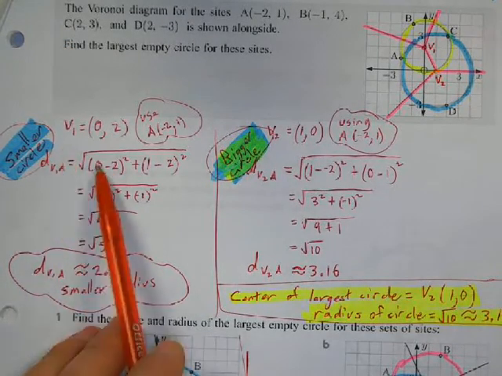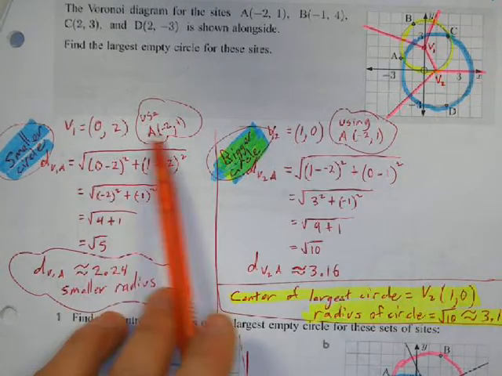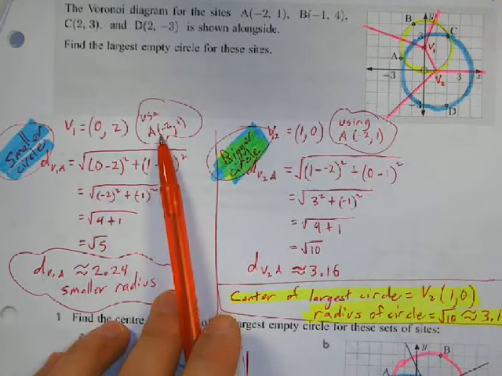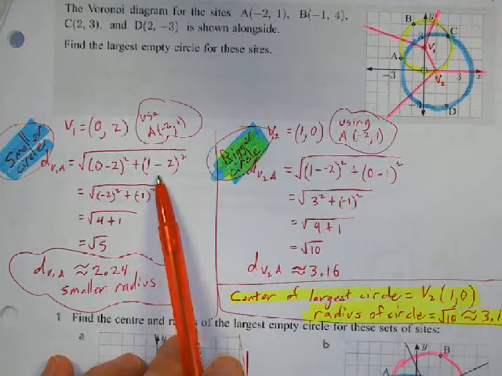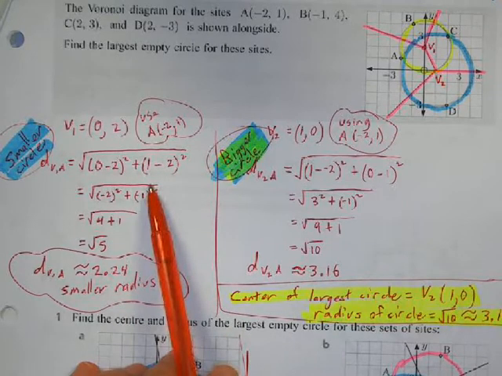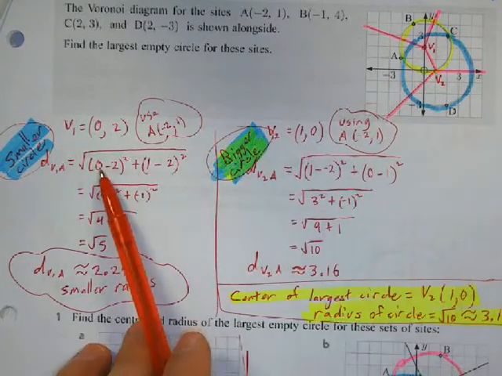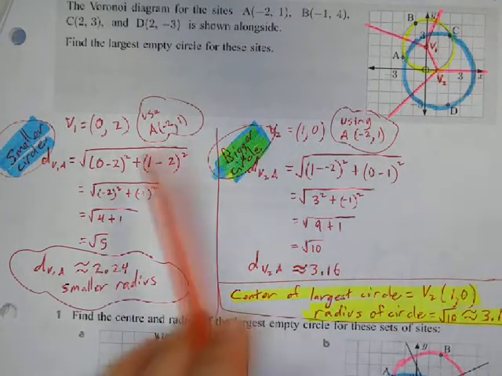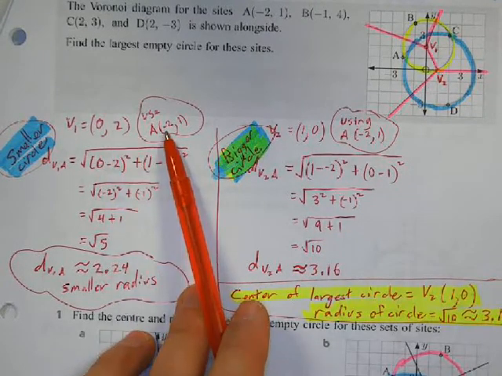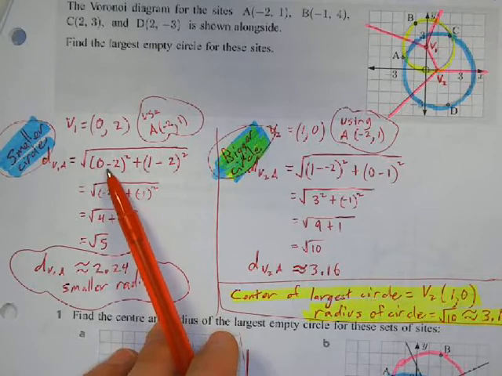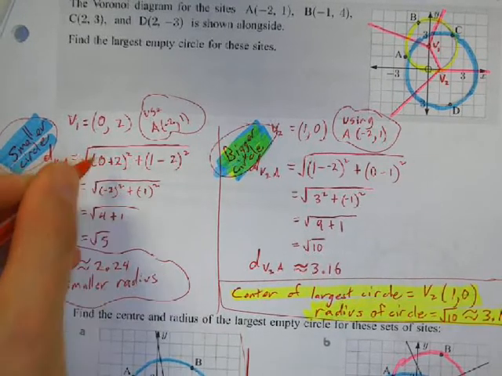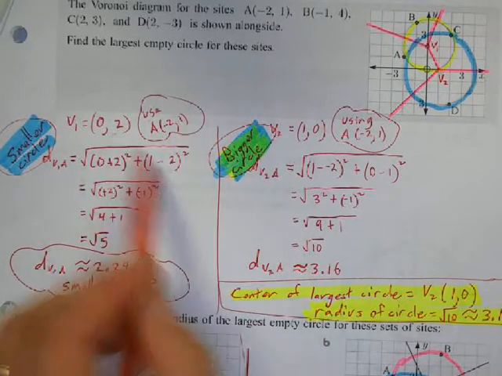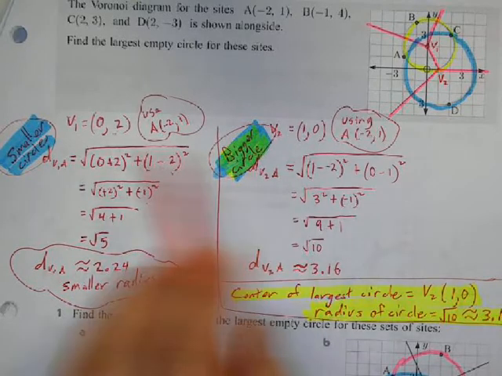So the difference between the x values, 0 minus, from here to here is 0 minus 2. Minus -2, it's okay. And then 2 minus, or 1 minus 2, and then we get our distance here.